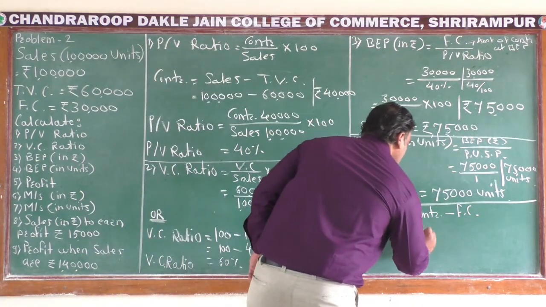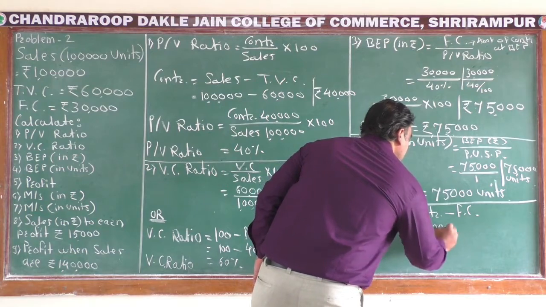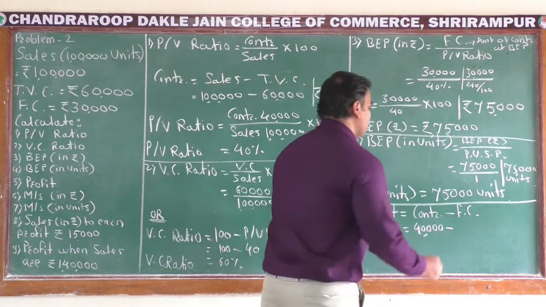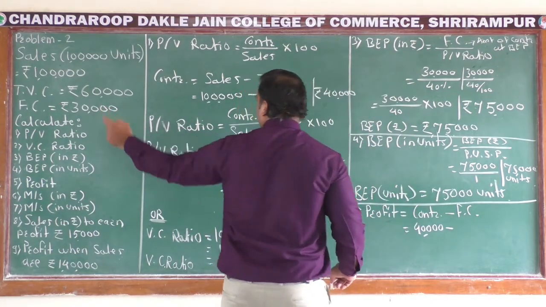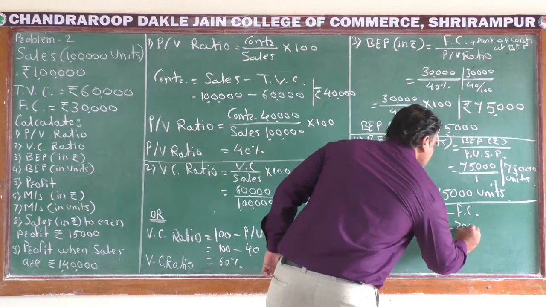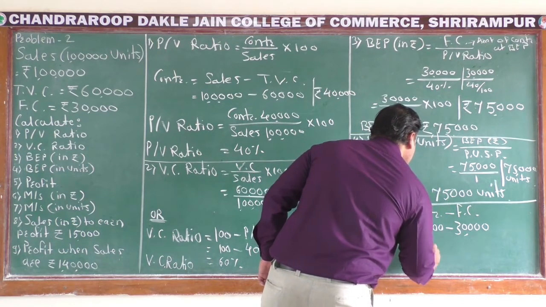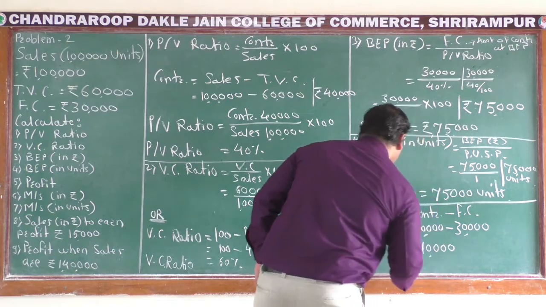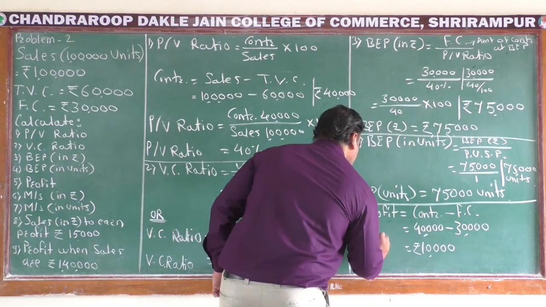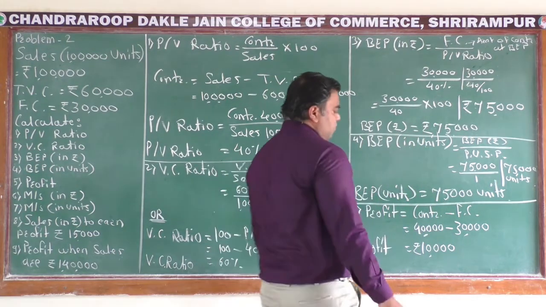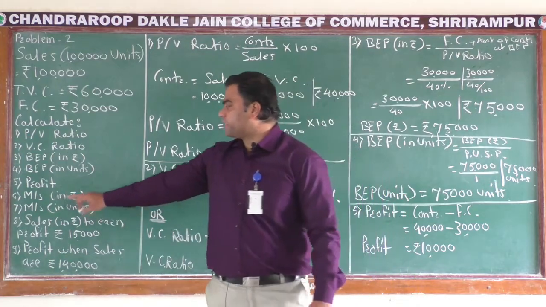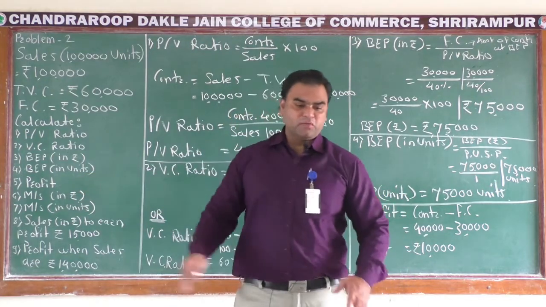So 40,000 contribution less fixed cost of rupees 30,000 is equal to rupees 10,000, which is the amount of profit. So the first 5 items we have calculated.